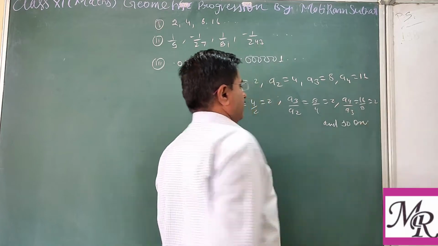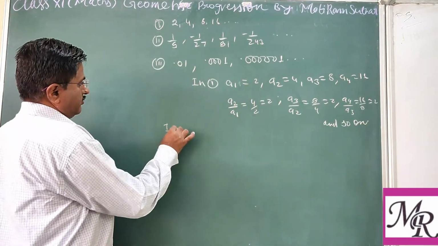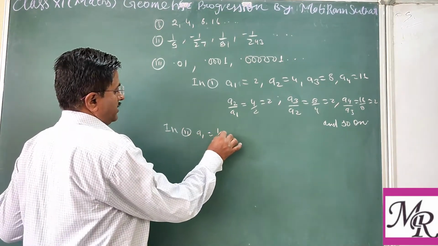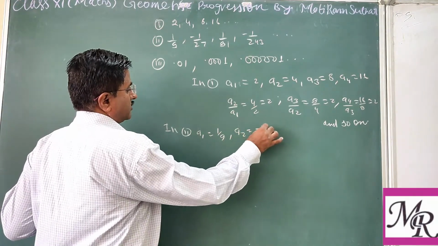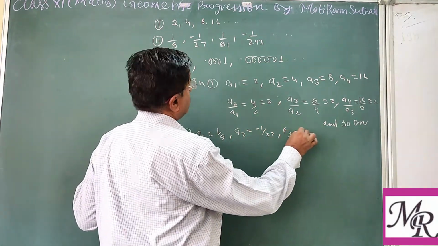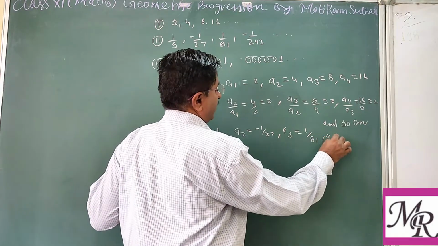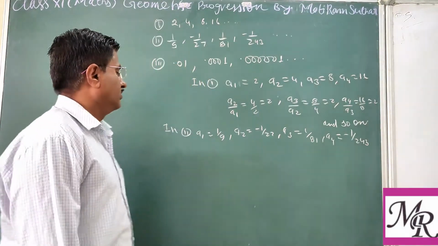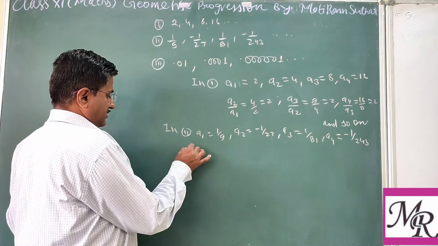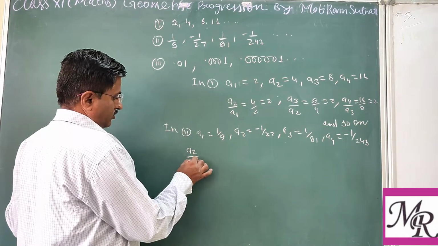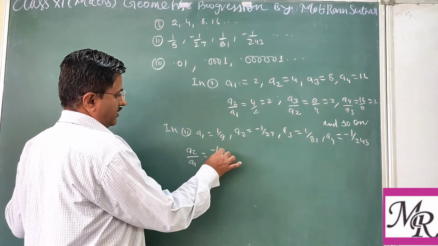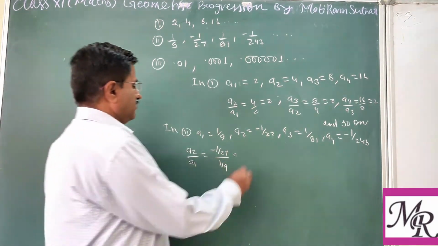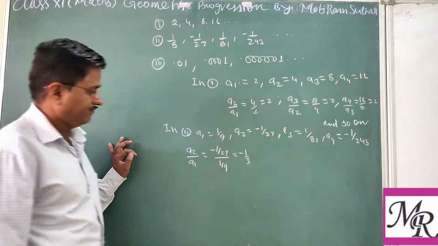Similarly, in the second, A1 is 1 by 9, A2 is minus 1 by 27, A3 is 1 by 81 and A4 is minus 1 by 243 and so on. Again, if you find the ratio, A2 by A1 is minus 1 by 27 upon 1 by 9, so this will be minus 1 by 3.